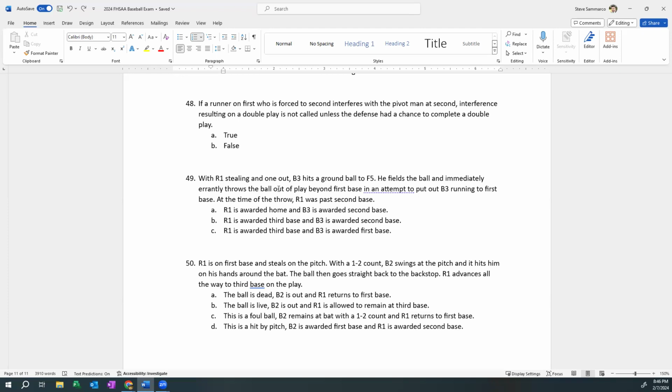But you're probably going to tell me I'm wrong. I'm reading the question again. I didn't have this question, so I'm kind of shooting from the hip. If I had this question, I'd research it better, but I would say unless, the word unless is in there, unless the defense has a chance to complete a double play. So correct. Yeah, I would say it's a true statement at this point.